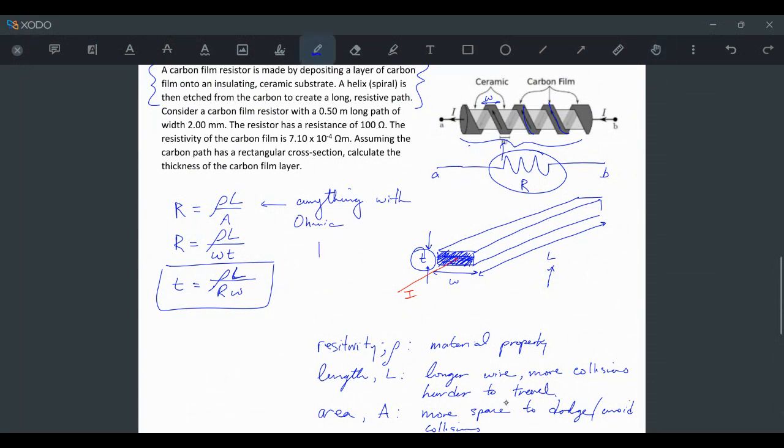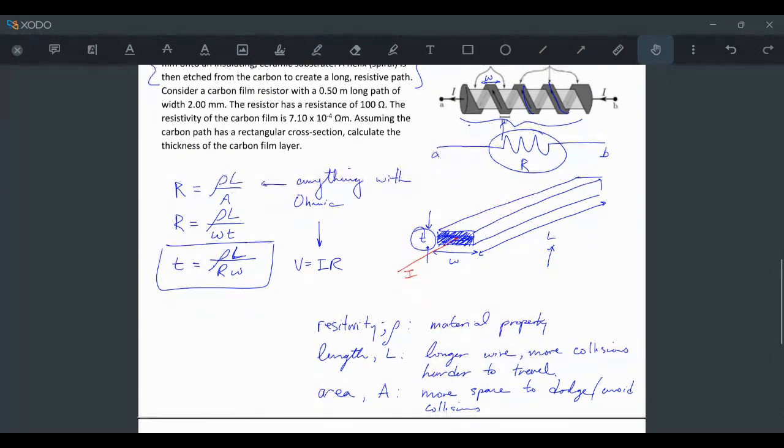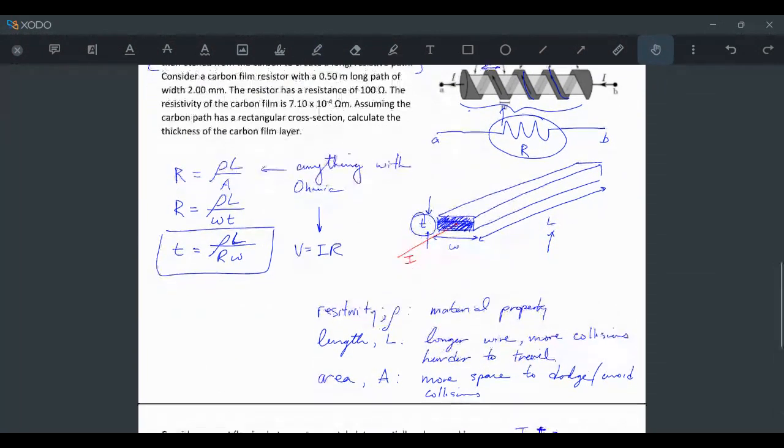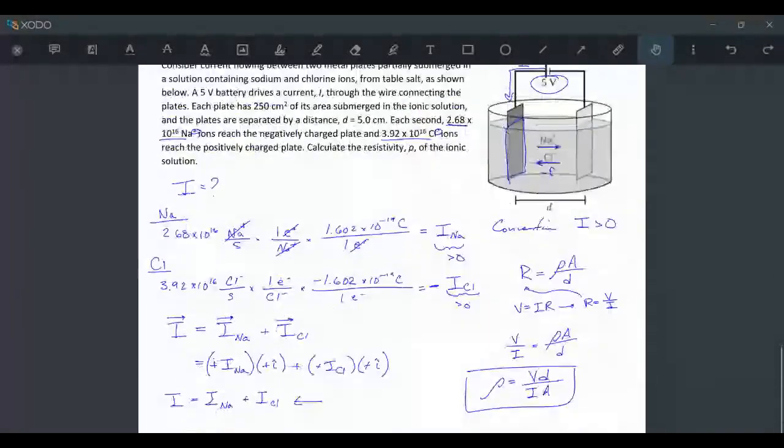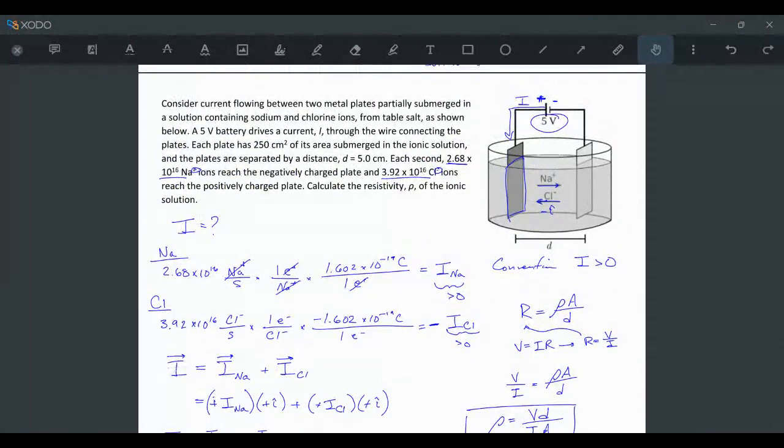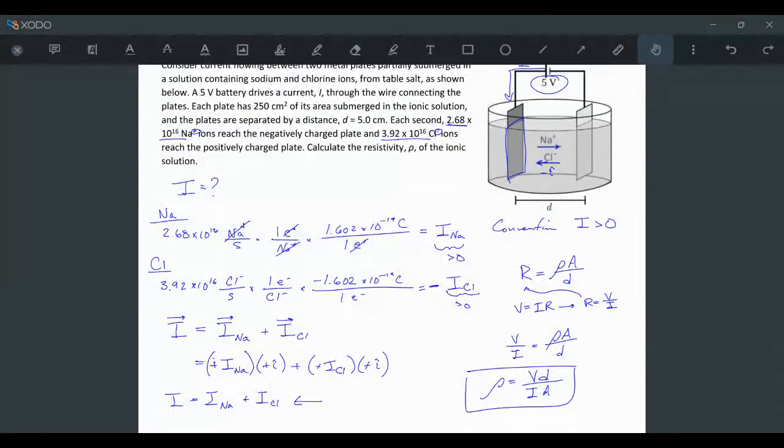Something that's ohmic follows Ohm's law, that V is equal to IR. This applies to most resistors. Pretty much any resistor you're going to see in this course, you can assume it follows both Ohm's law and the equation that we've been using for resistivity.